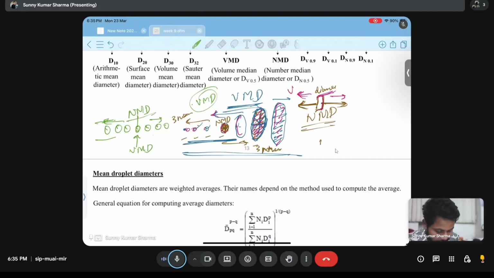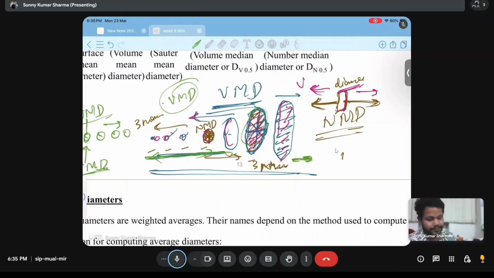So in that case, NMD is equal to VMD. But that is not always the case. If you arrange it in increasing order, too many droplets will be on the left side, which need to be added to become equal to the volume on this side. So VMD becomes greater than NMD in practical conditions. VMD becomes greater than NMD. This is the explanation.